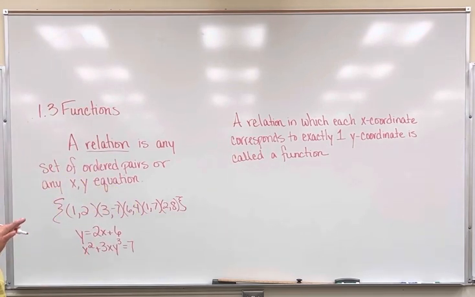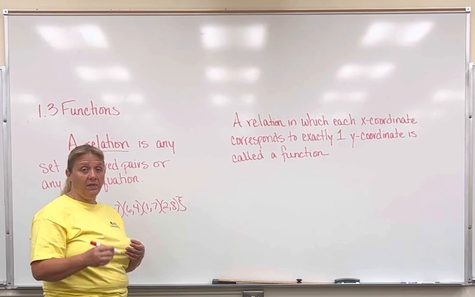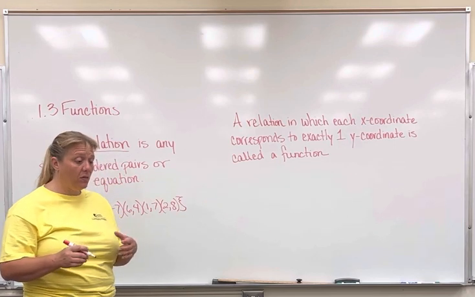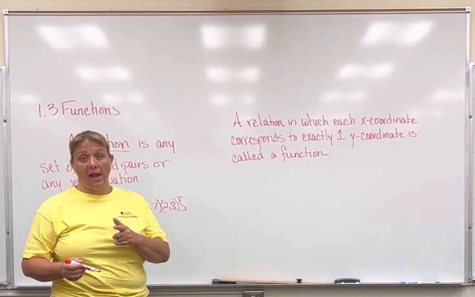All right, so what is important here is that when you're given an x coordinate, that there is only one y coordinate that corresponds to that. So in other words, if I tell you what x is, you can immediately tell me what y is.